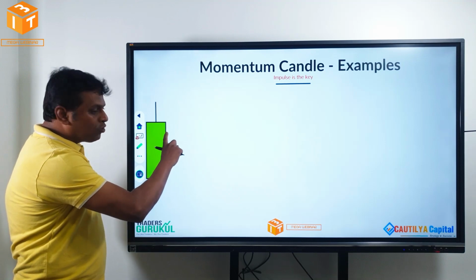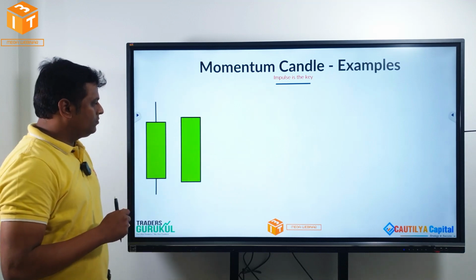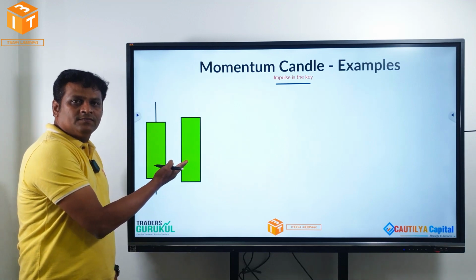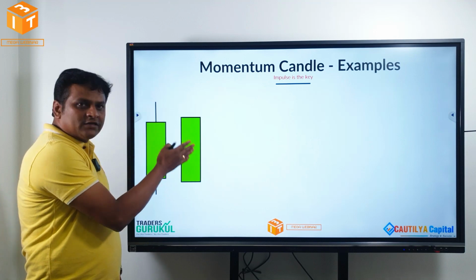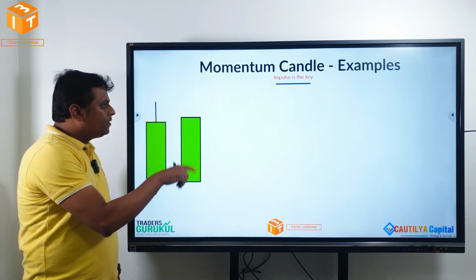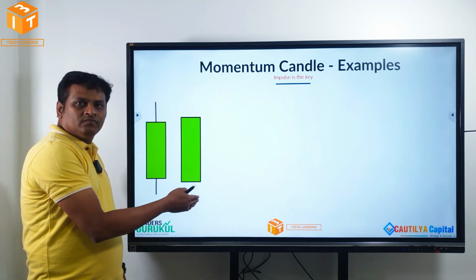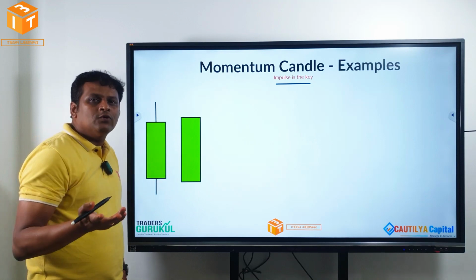Is it not more than half of the total range? What kind of a candle is this? It is a momentum candle where there are no wicks. The body is 100% of the total range. In Japanese, we call it a Marubozu candle.